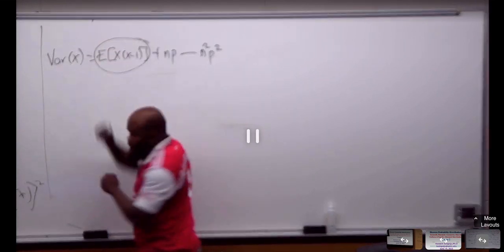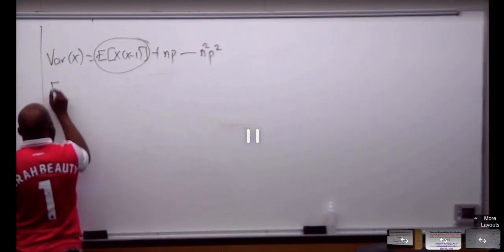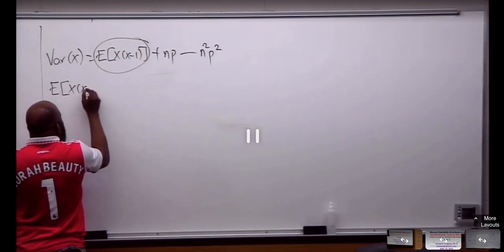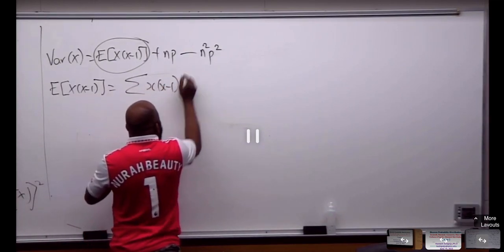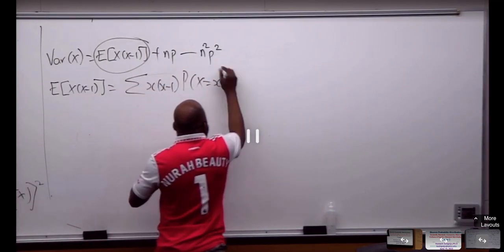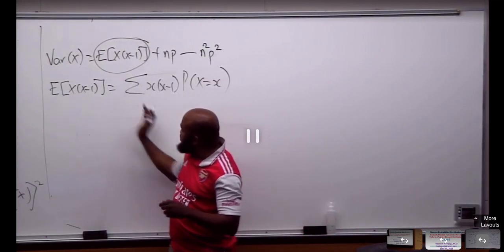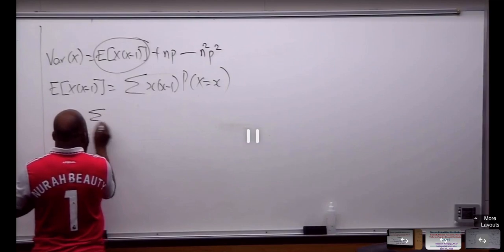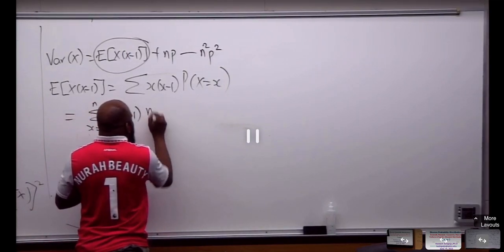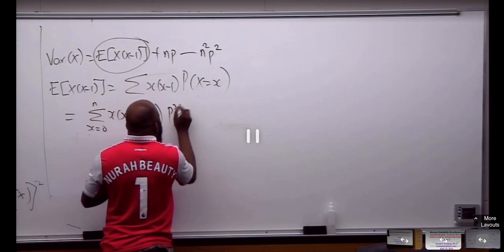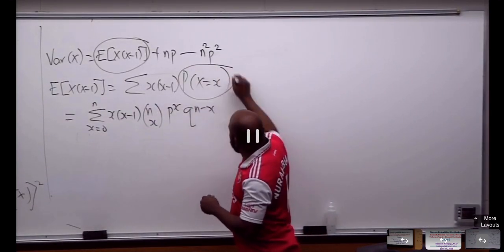Now I want to figure this guy out. So to figure this guy out, expectation of this is summation of X into X minus 1. Okay, I want to use a binomial now. If I want to find the expected value of that, so I'm actually going to have, you see that here?